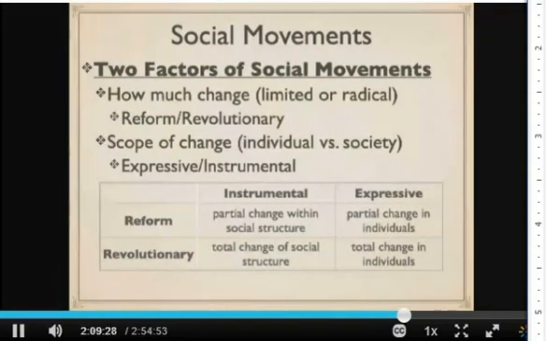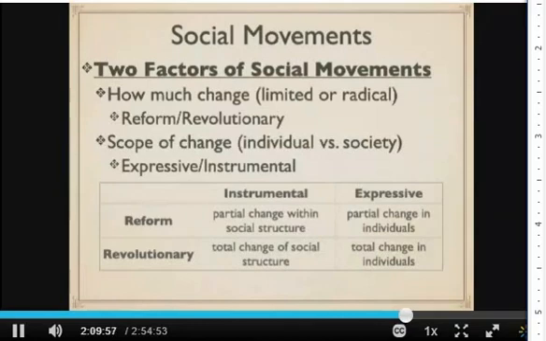So an instrumental reform movement example might be civil rights, or the anti-abortion movement. They want partial change, specifically related to abortion legality, but they want that change to happen at the structural level of trying to make a law, or uphold a law.